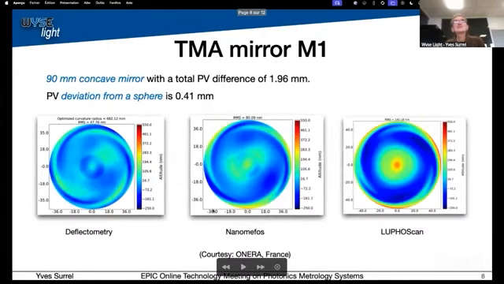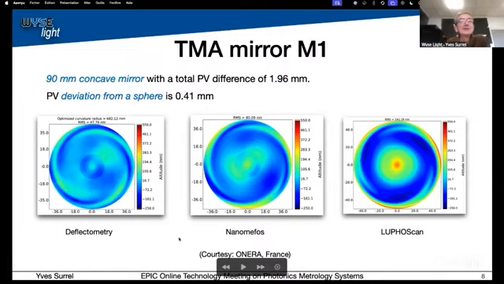But more interesting, and more typical also, I will show 3 measurements on the 3 mirrors of a TMA, a 3-mirror anastigmat, simply because all 3 mirrors are freeforms. And some are concave, some are convex, and the sizes are typically around 90 to 100 millimeters in diameter.